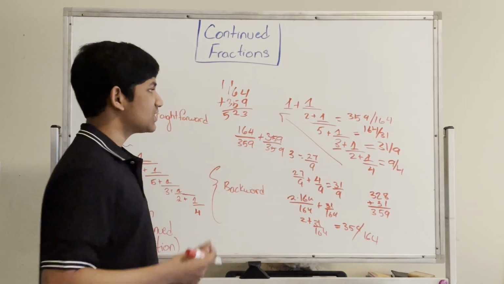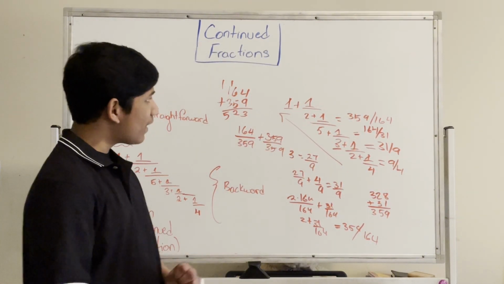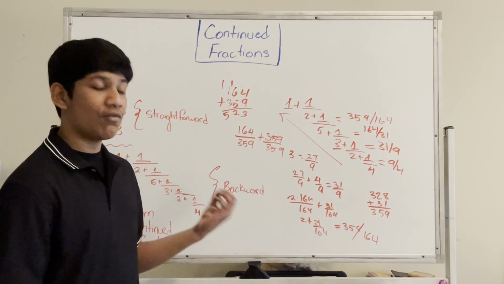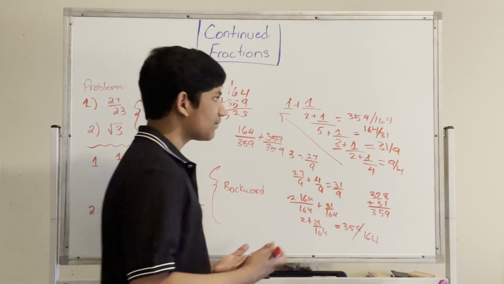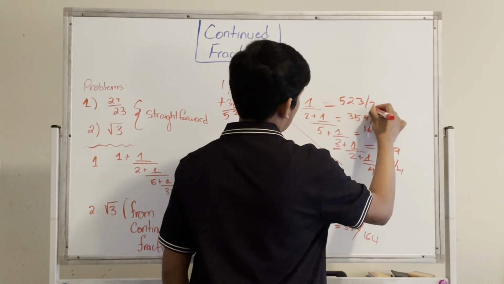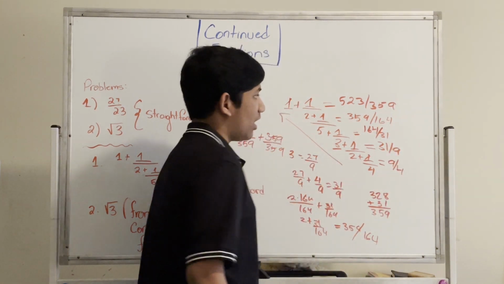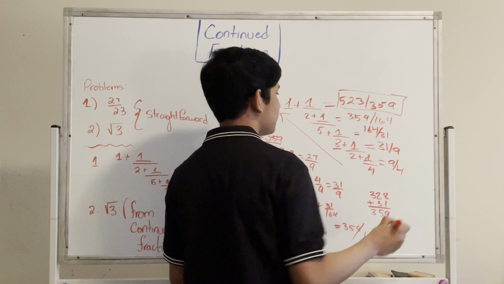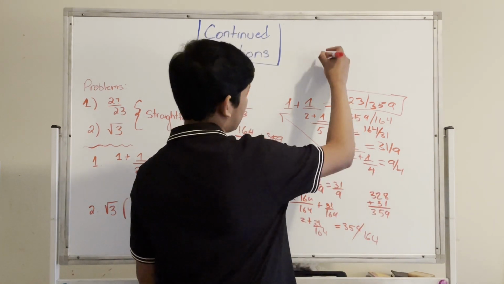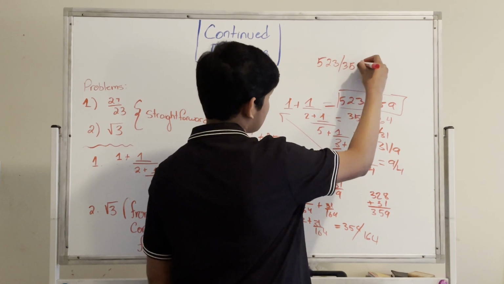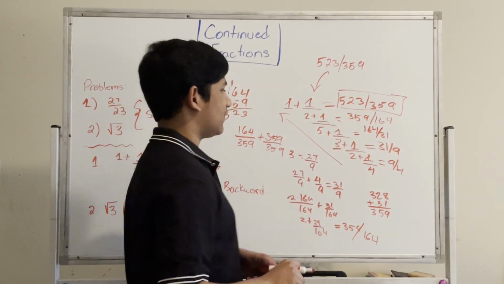Because 4 plus 9 is 13, 1 plus 6 is 7, 7 plus 5 is 12, and 2 plus 3 is 5, because we have an extra 1 which we're carrying over. So we get 523 over 359. And this is going to be our answer. 523 over 359 is going to be this continued fraction.